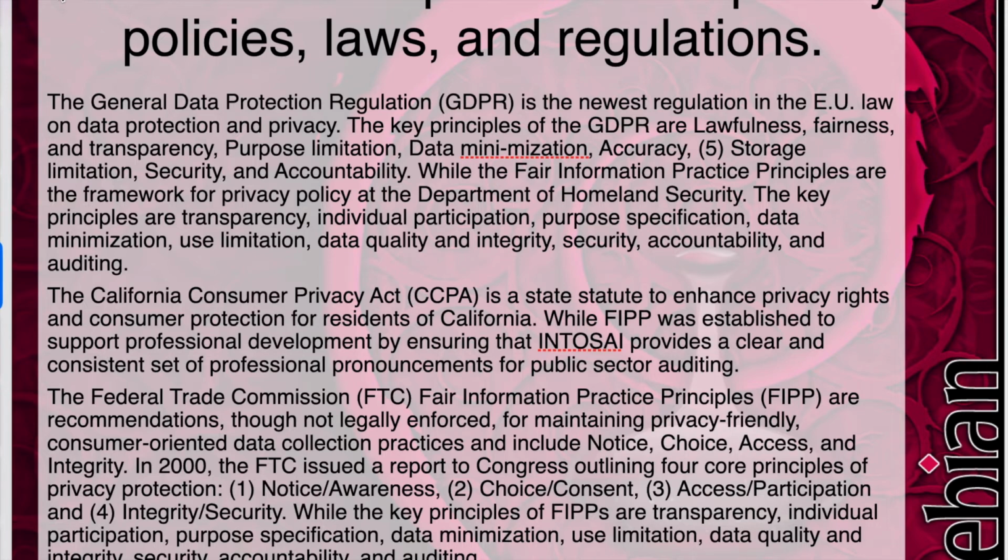The GDPR principles are lawfulness, fairness, and transparency, purpose limitation, data minimization, accuracy, storage limitation, security, and accountability. FIPPs are a framework for privacy policies. The key principles are transparency, individual participation, purpose specification, data minimization, use limitation, data quality and integrity, security, accountability, and auditing.